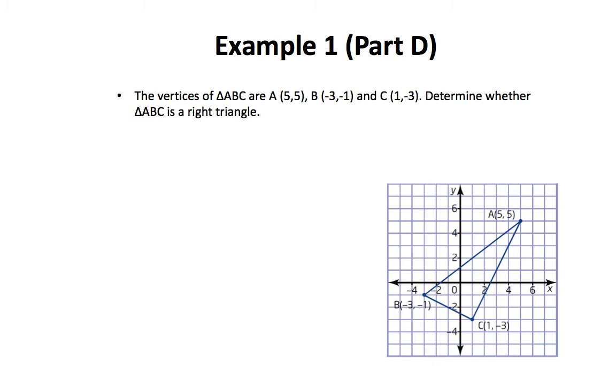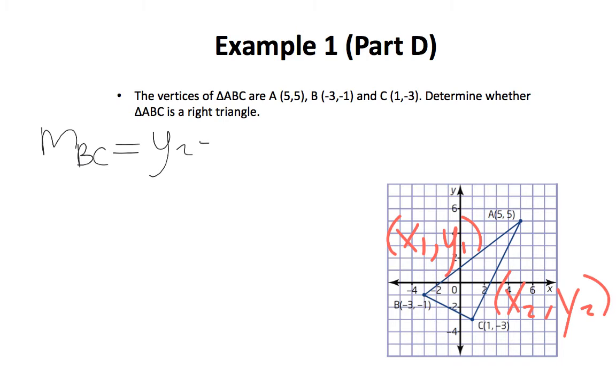We're going to do the exact same thing for the slope of line segment BC. I'm going to call point B point 1, and I'm going to call point C point 2. We're going to start with the slope equation, and I'm going to use the subscript of BC to indicate which line segment I'm dealing with.